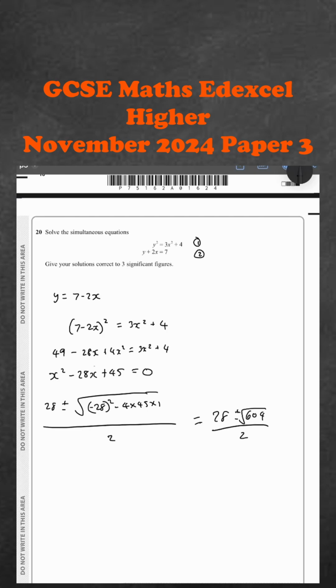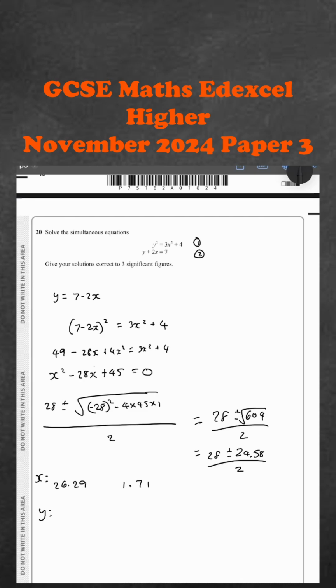Square root of 604 is 24.58, plus minus 24.58 over 2. So our answers are going to be 28 plus 24.58 over 2, 26.29. And it's going to be 28 minus 24.58 over 2, which is 1.71. And that is going to be our x values.